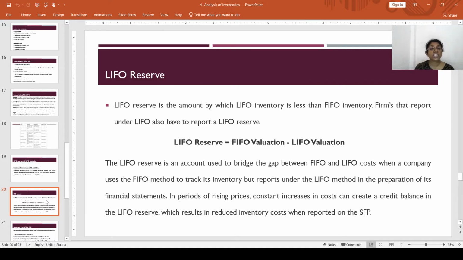LIFO reserve is used to bridge the gap between the FIFO and LIFO cost when the company uses the LIFO method to track its inventory but reports under the FIFO method in preparation of its financial statements in a period of rising prices. So, the result of this will reduce the inventory cost reported in the statement of financial position.